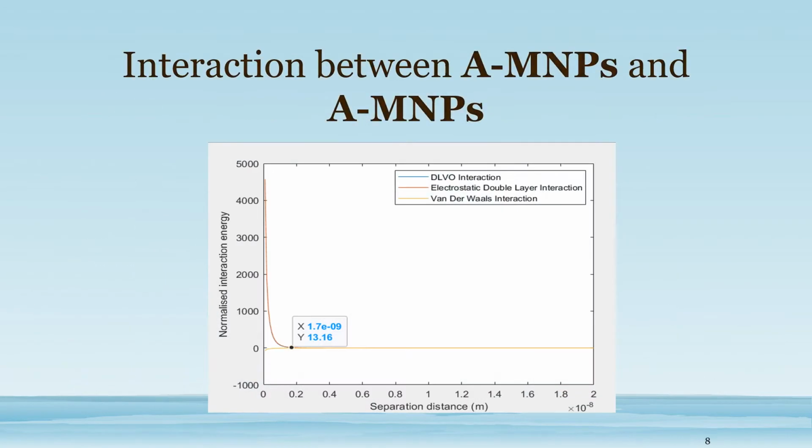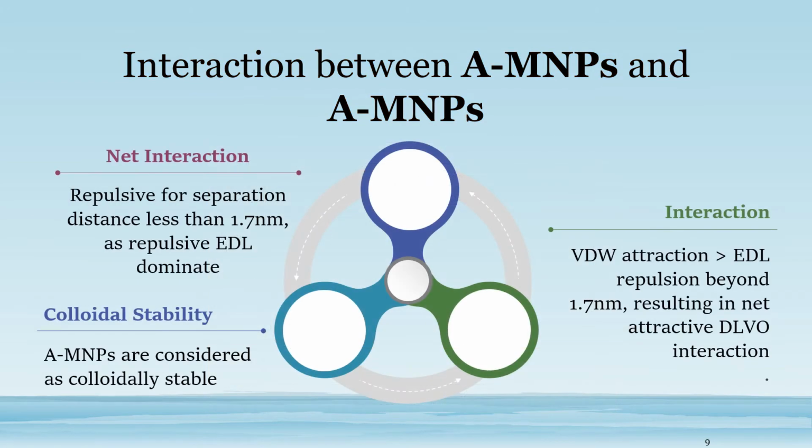The net DLVO interaction between the ANNPs is repulsive for separation distances less than 1.7 nanometers because repulsive electrostatic double layer interaction dominates within the range. Van der Waals interaction is greater than the electrostatic double layer repulsion beyond 1.7 nanometers, hence resulting in a net attractive DLVO interaction in this region.